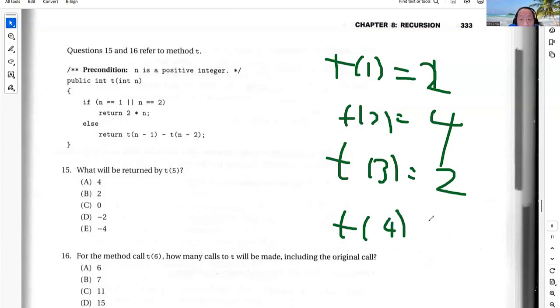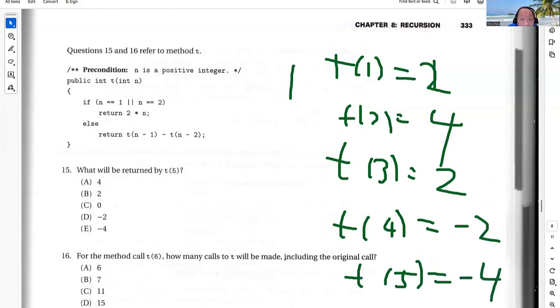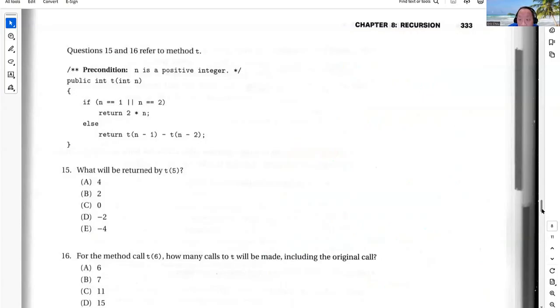T of 4 equals minus, T of 5 equals minus 4. So still bottom up is better. Still bottom up is a better solution.